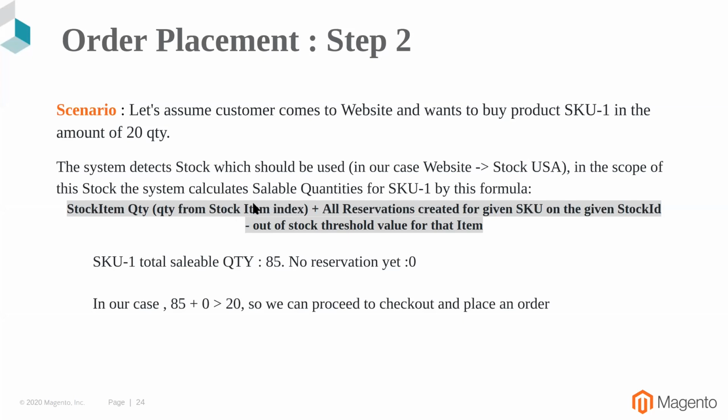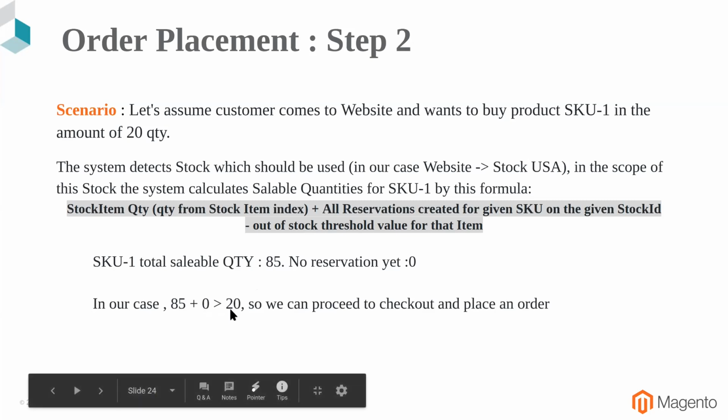So this is the aggregate value plus all reservations created for that given SKU for that stock ID. Currently it is 0. We haven't done any reservation, minus the out of stock threshold. We do not have the out of stock threshold set yet. Assume that. So the actual sellable quantity is 85 and the customer can buy 20, so he can proceed to checkout.